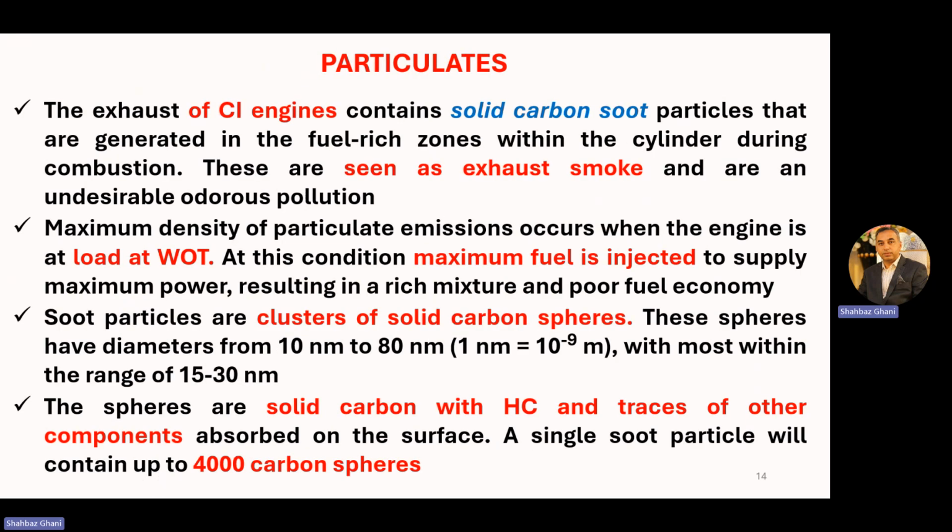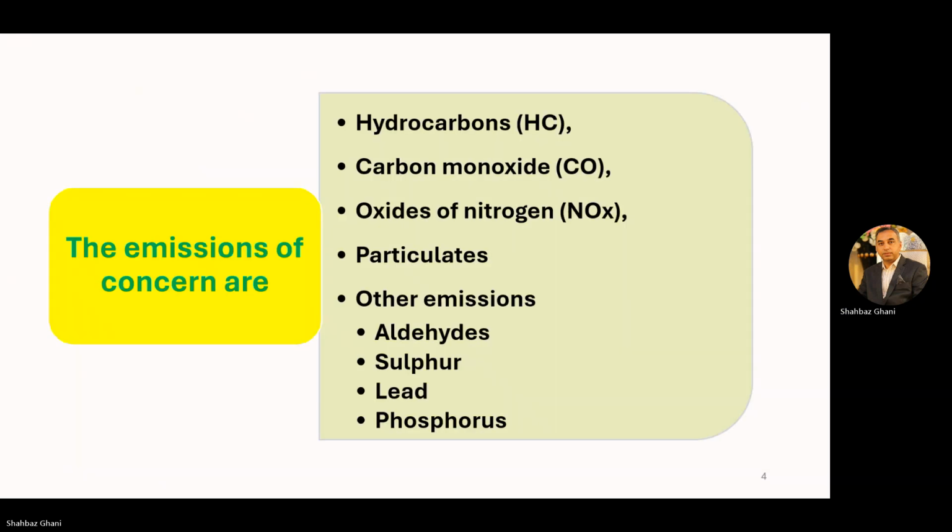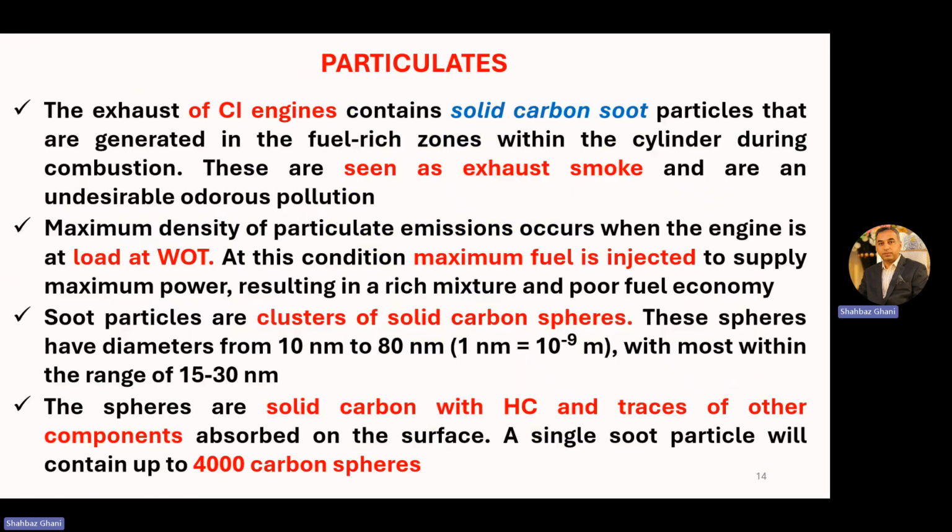Now the next part is particulates, and their causes of emission. The exhaust of CI engines contains solid carbon soot particles that are generated in the fuel-rich zone within the cylinder during combustion.